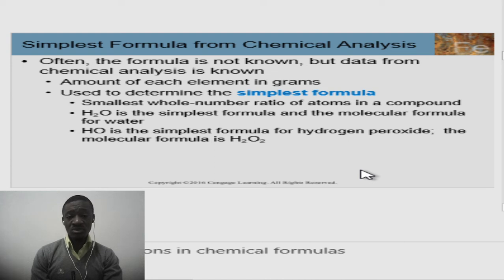Because if you did the simplest formula of water, it would have to be half of oxygen and 1 of hydrogen, and you know that we don't do fractions, so it still has to be H2O. But for hydrogen peroxide, you can scale it down to 1 and it's going to be HO. So that's how the simplest formula works.